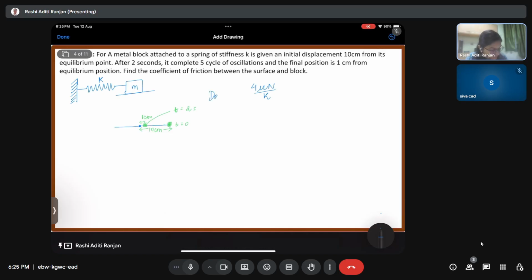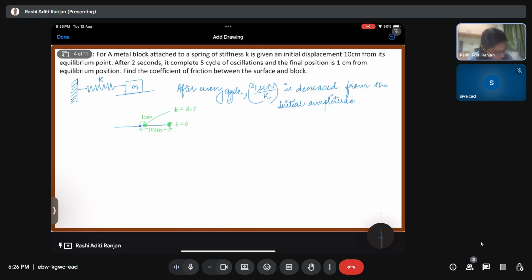After every cycle, this is decreased from the initial amplitude. Right. Now we have 5 complete cycles, right?